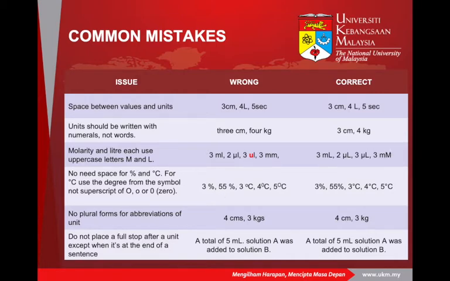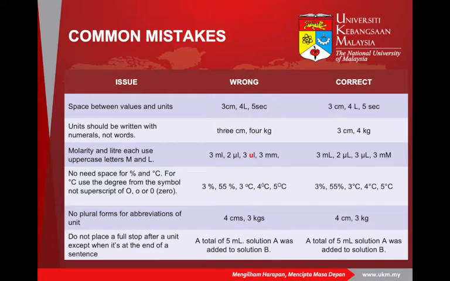No need for a space for percentage and degree Celsius. For these two units, there's not necessarily a spacing between the unit and the measured values. And of course, please take note that for degree Celsius, you should again find the symbol.